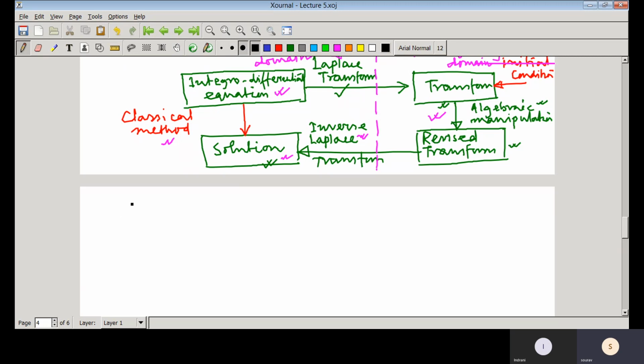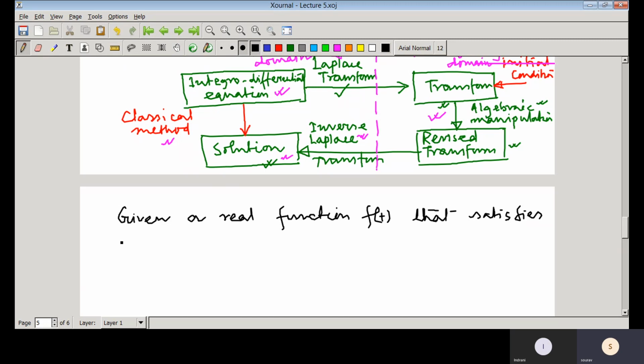So let us see what is that Laplace transform. Given a real function, say f(t), that satisfies this condition, I hope you all know that whether this function is Laplace transformable or not.